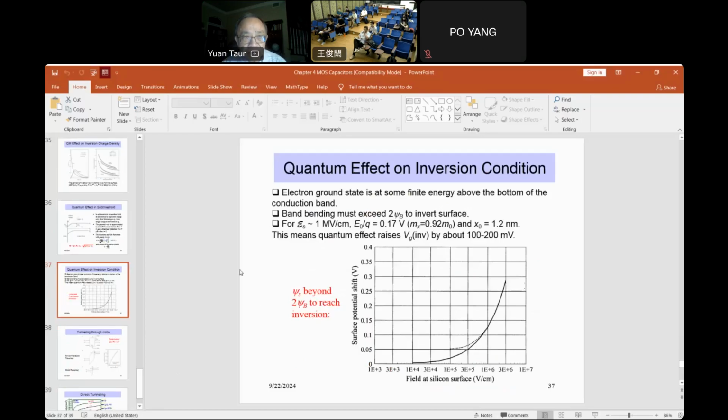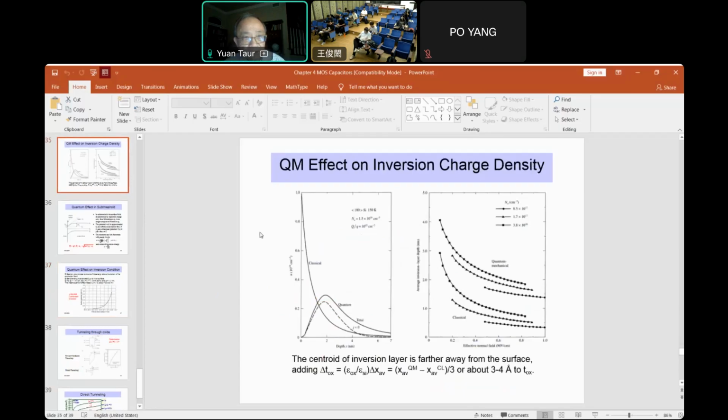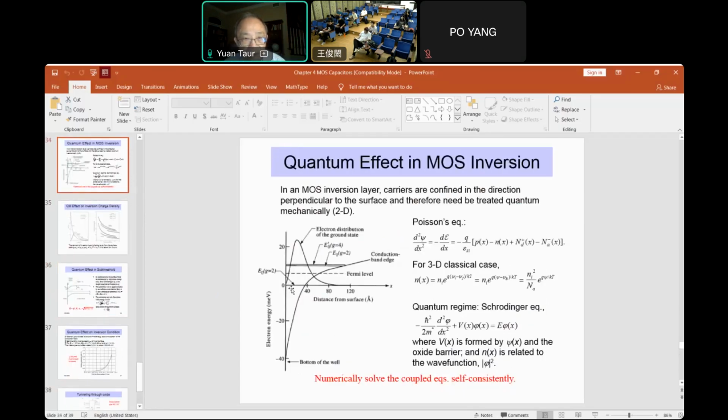And the other thing is that the 2 psi B condition is when we solve, let's see, we go all the way back. The 2 psi B condition is when we say the conduction band at the surface is such that the electron density is the same as the hole density in the bulk. But now there's no electron density at the surface due to quantum effect.